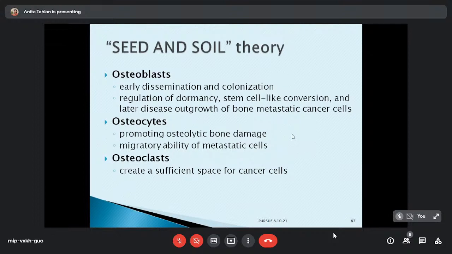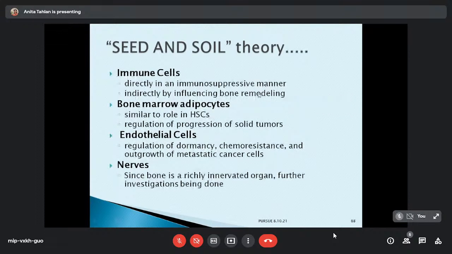Immune cells will suppress and directly influence the bone remodeling. Adipocytes behave like they do in the normal hematopoiesis. Endothelial cells will regulate the dormancy, chemoresistance, and outgrowth of metastatic cells. So all these cells combined provide a favorable environment for metastasis to these cells.